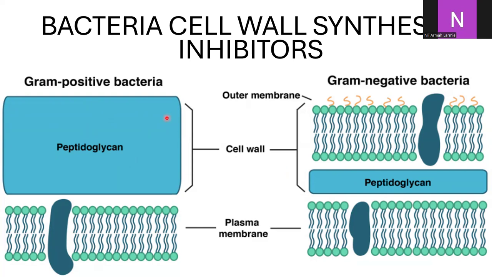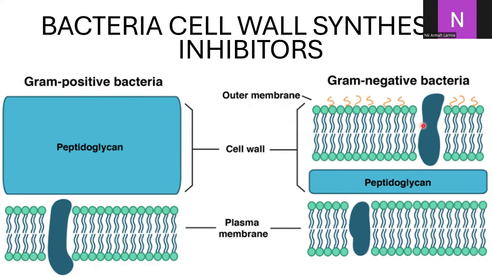The peptidoglycan is what is known as the cell wall. In gram-positive, the cell wall is made primarily of peptidoglycan. In gram-negative, the cell wall is made up of a combination of the peptidoglycan and the outer membrane. This outer membrane distinguishes our gram-positive from our gram-negative.